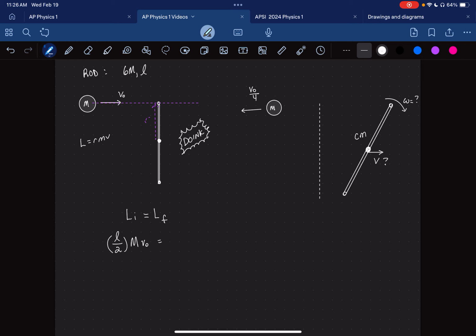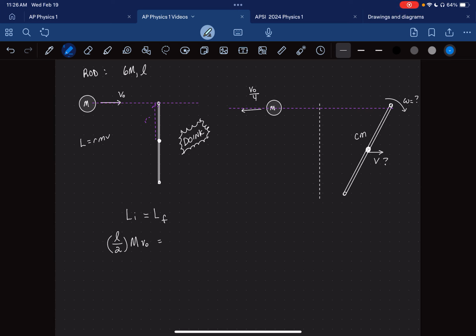Okay, after the doink, we have angular momentum in the ball here, and the rod has rotational angular momentum. So let's look at the ball first. Okay, the center of mass is here. Essentially what I'm trying to get at is here is the line of action of V, and the center of mass was there.